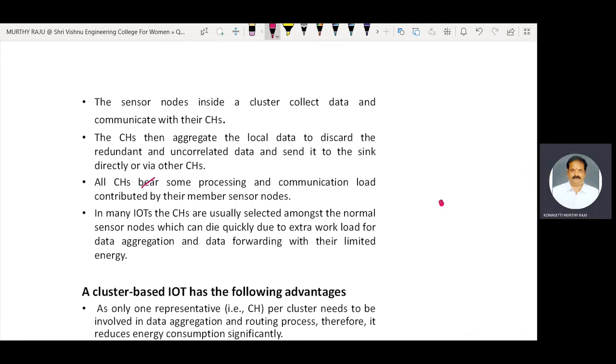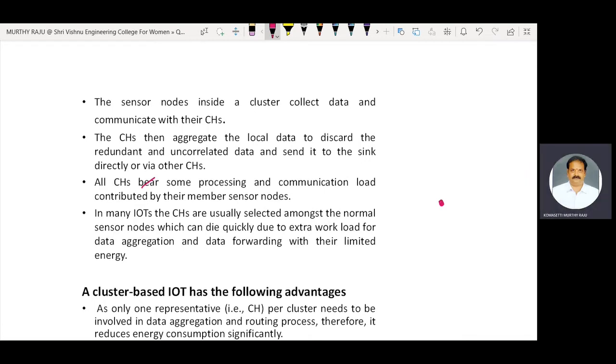The cluster head has the ability to process the data, receive the data, send the data. It has the ability to handle all these things. That is the powerful node. It has a high energy capacity to perform all these tasks compared to other cluster nodes.